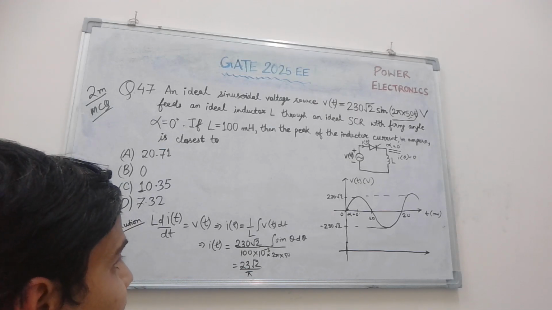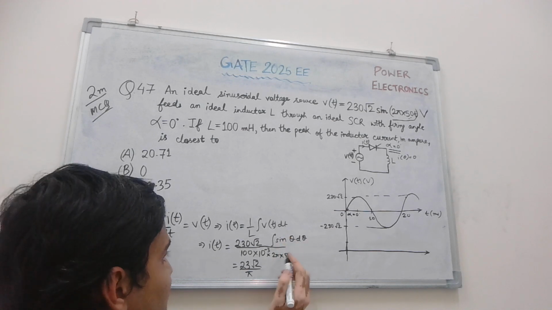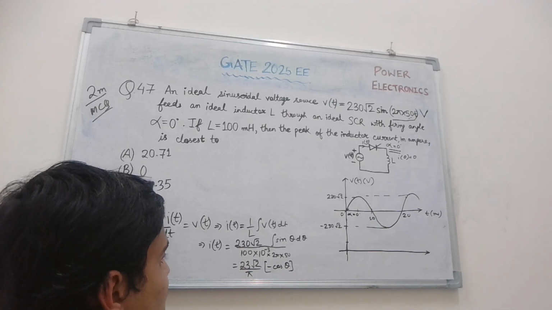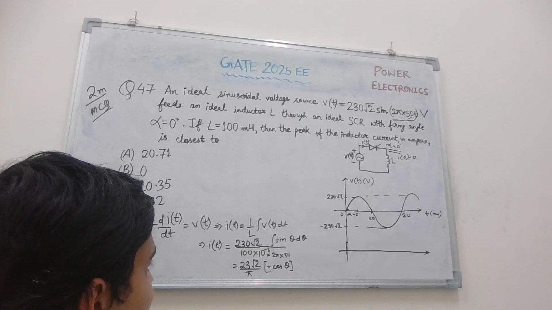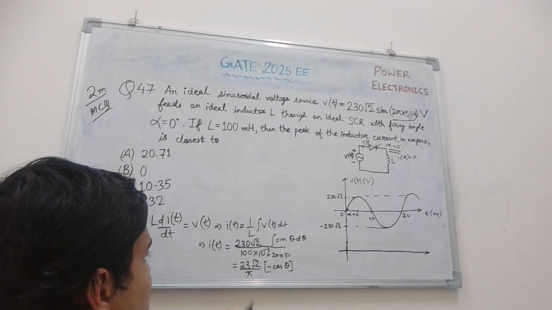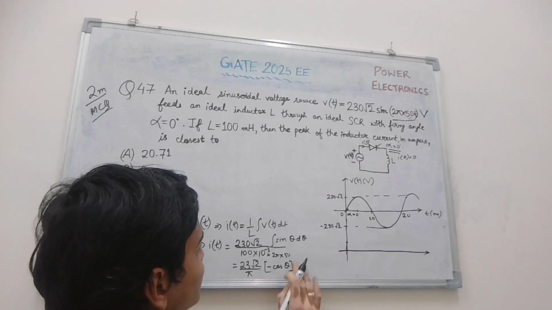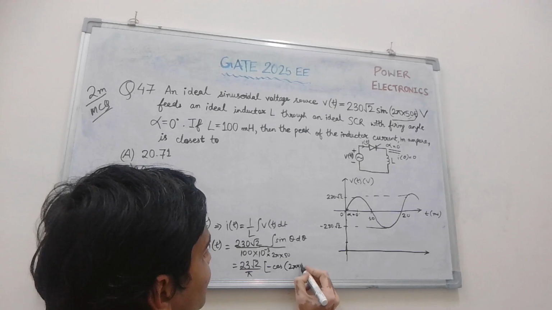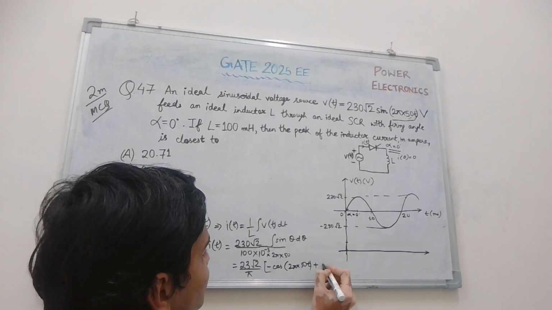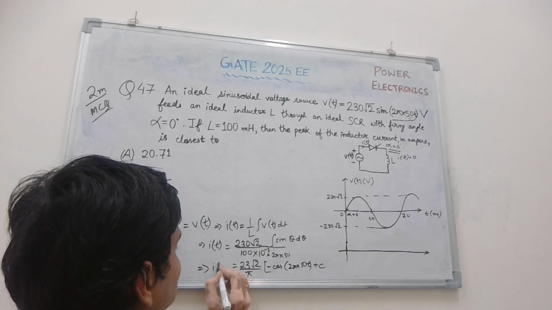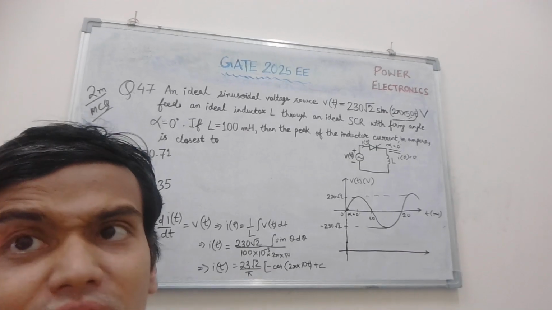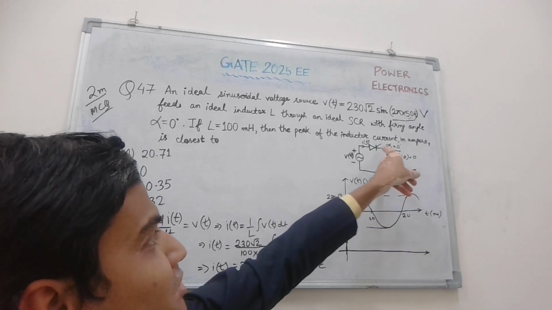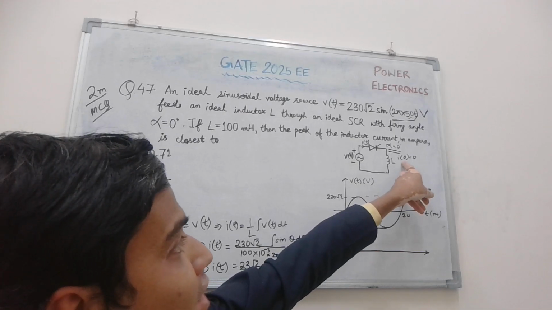Sin theta integration is minus cos theta, and after that we replace theta with 2 pi into 50t, plus a constant. Now to find the value of the constant, we use the initial condition. Before the cycle is just switched, the inductor current was 0, so I of 0 equal to 0.